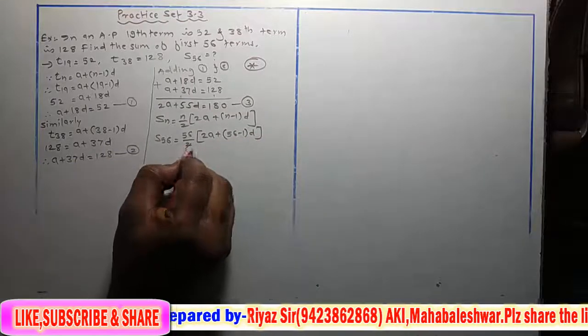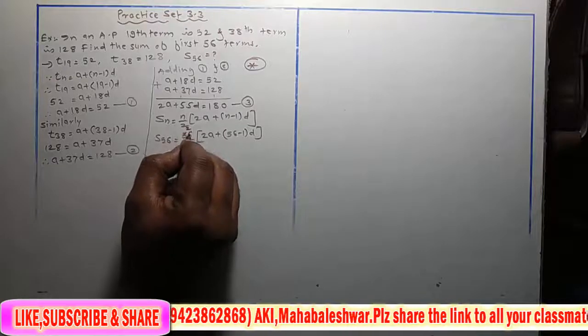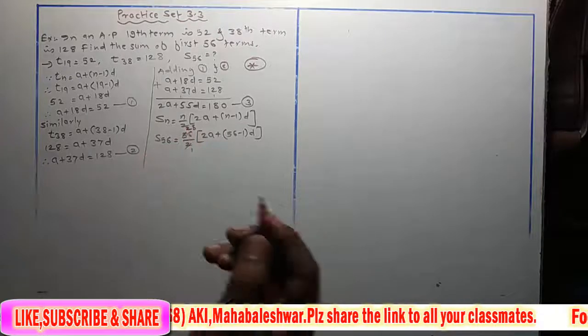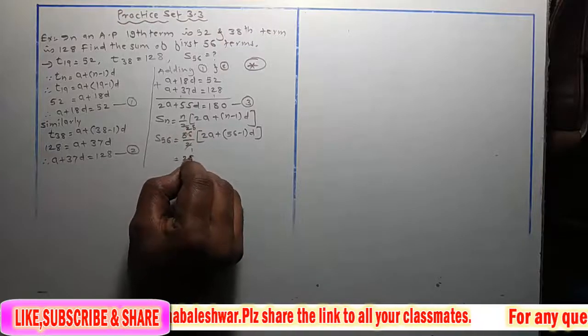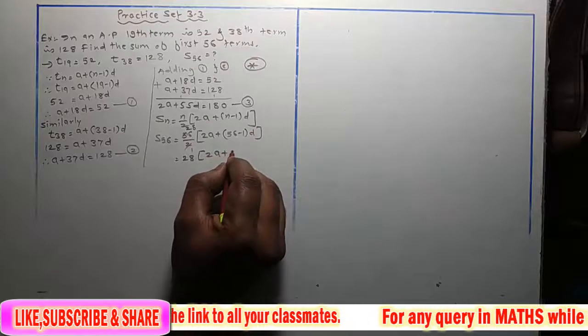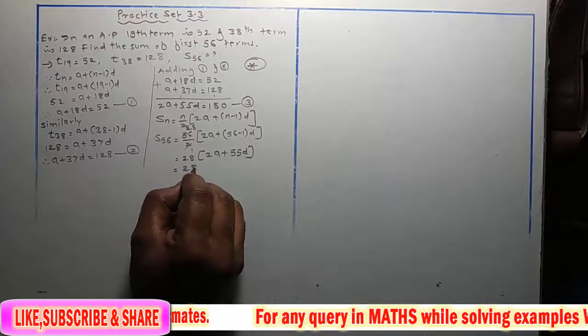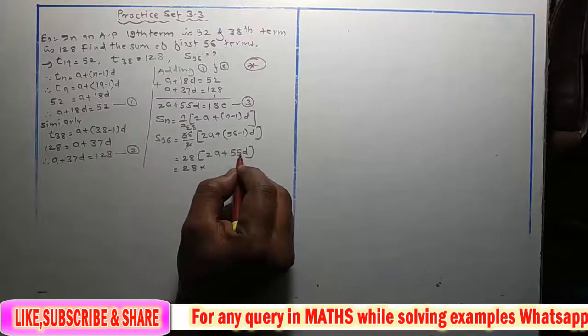Just simplify here. It is 28 into bracket 2a plus 56 minus 1, that is 55d, and that we can write as 28 into 2a plus 55d.